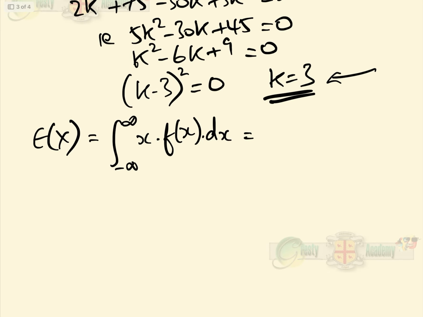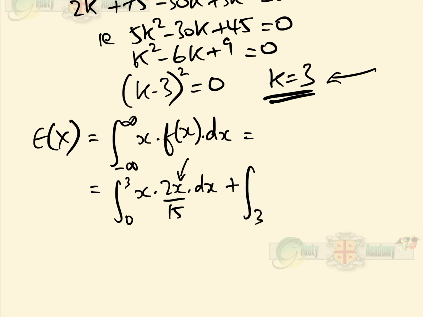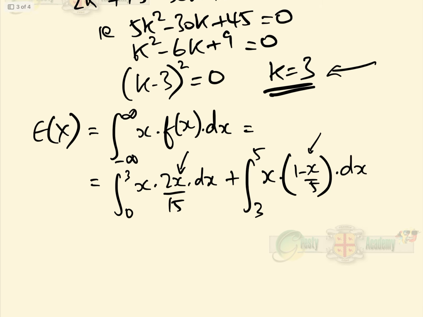So that basically equals the integral between 0 and 3 of x times 2x over 15, which is the probability density function between 0 and 3, add the integral between 3 and 5 of x times 1 minus x over 5, which is our probability density function between 3 and 5.